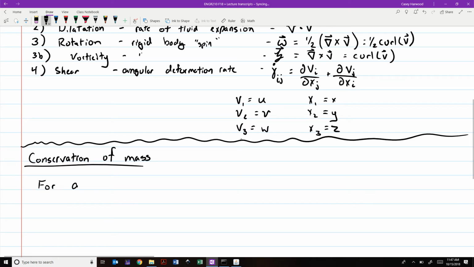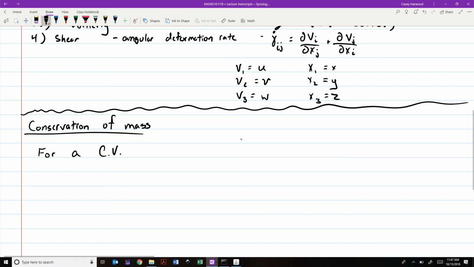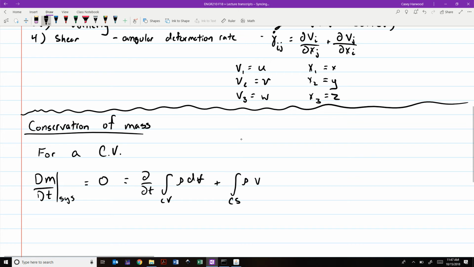So for a control volume, we ended up with saying that dm dt of a system is equal to 0, equal to the time rate of change of mass, rho, in a control volume plus the integral over the control surface of rho v dot n dA, right?